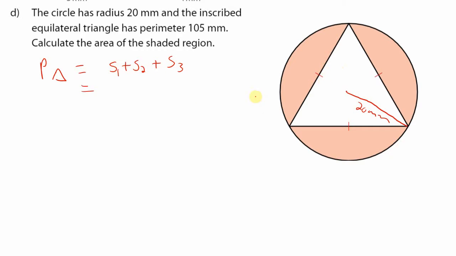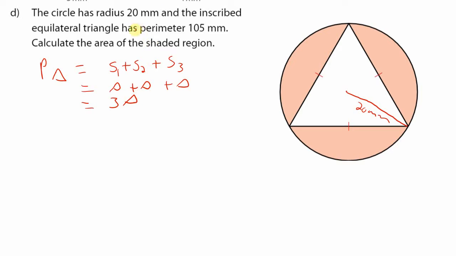But in this particular case, they are all equal, so we can simply replace them all with side. Side 1 is side, plus side 2 is side, plus side 3 is side. They all have the same length, so we can say it is 3 sides.